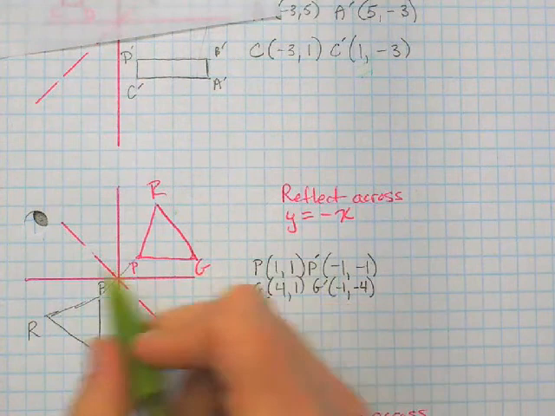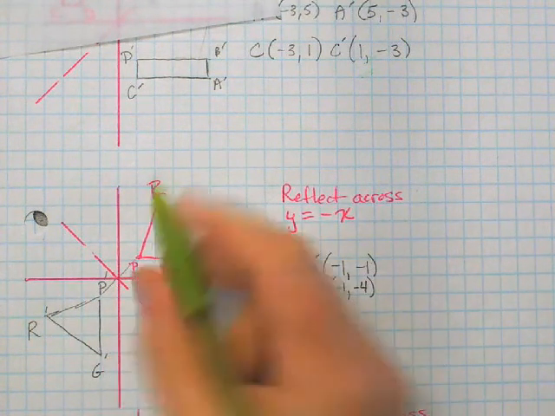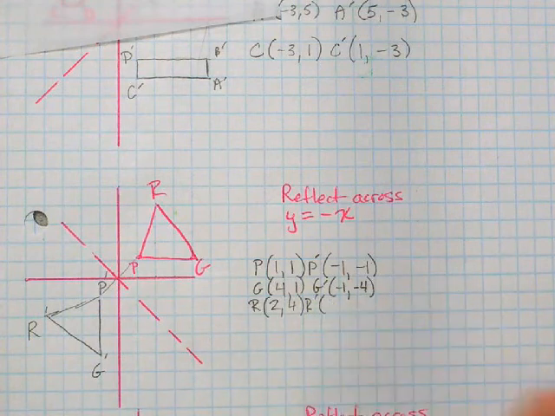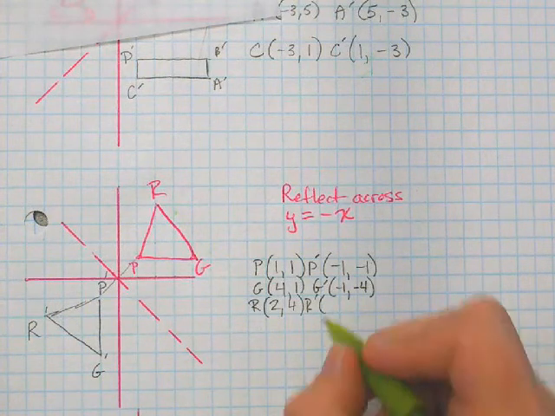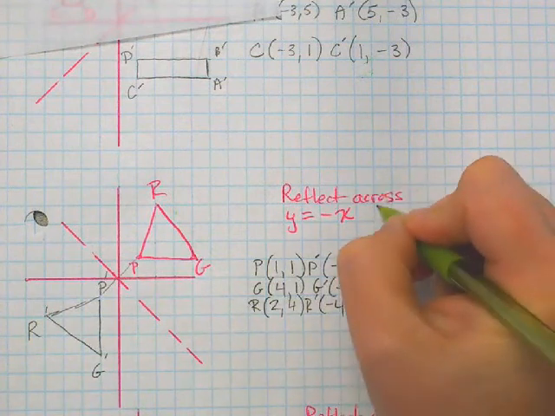Let's go to R, see if R will help us sort this out. R is at 2, 4. So do you think R prime is going to be at -2, -4, or at -4, -2? It is at -4, -2.